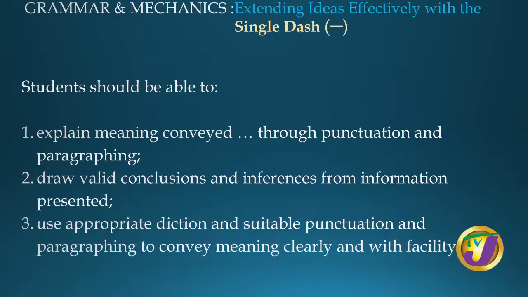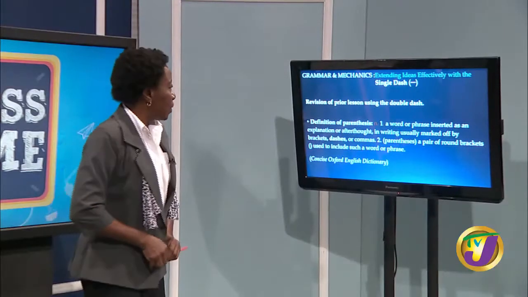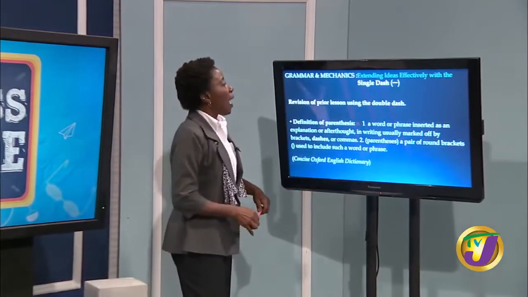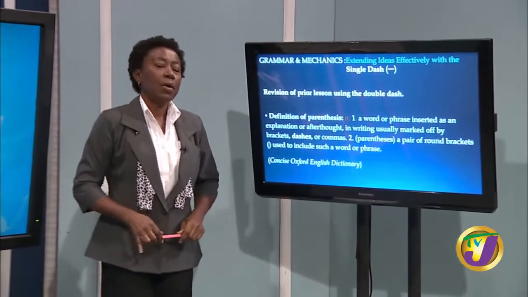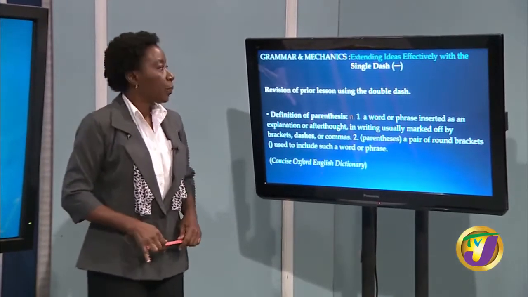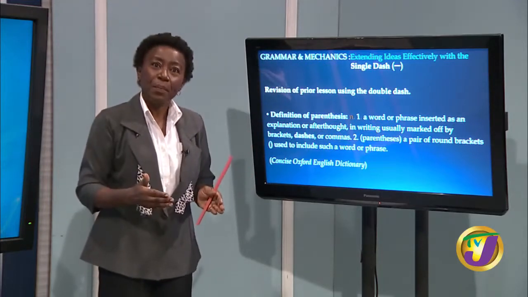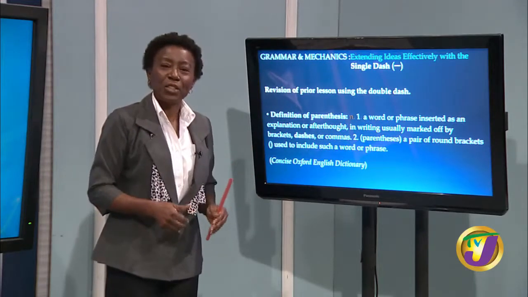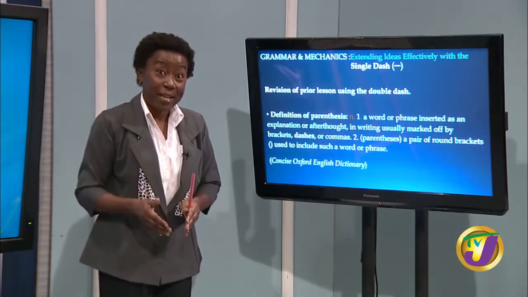And we are going to go into a revision exercise. Remember that we did a lesson on parenthesis, and in that lesson, we used two dashes called the double dash. So let us see the connection between the single dash and the double dash before we go into the fuller part of our lesson today.